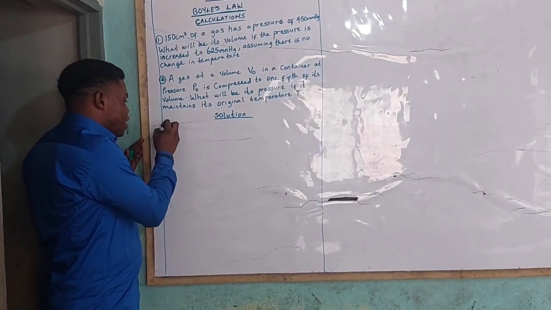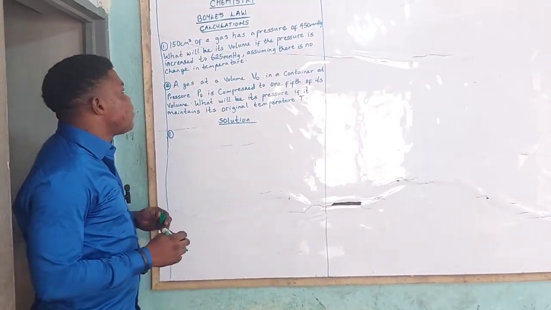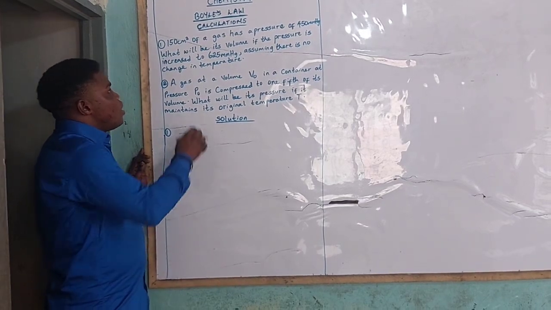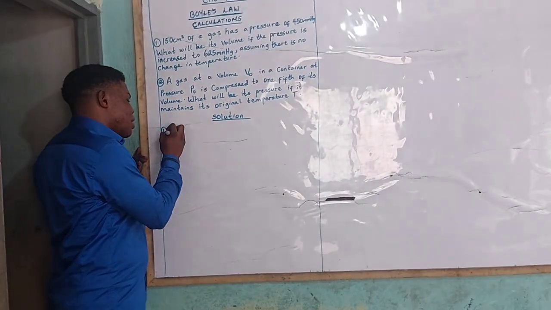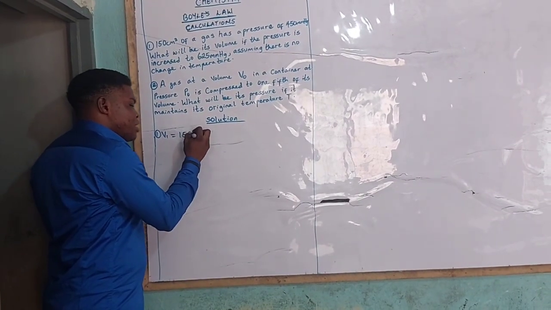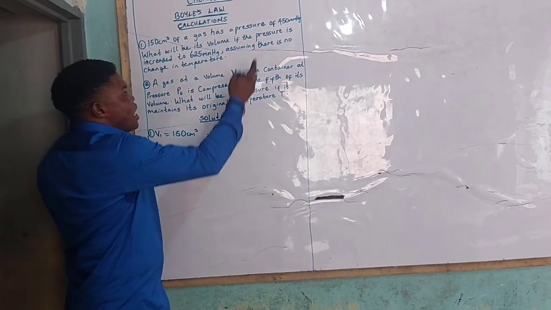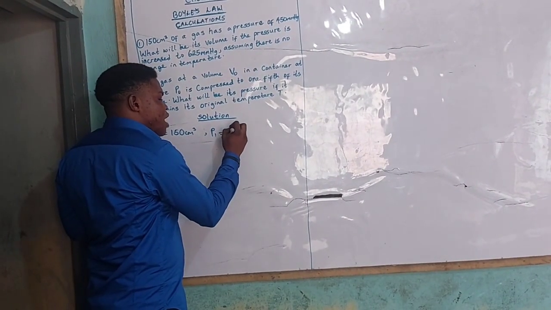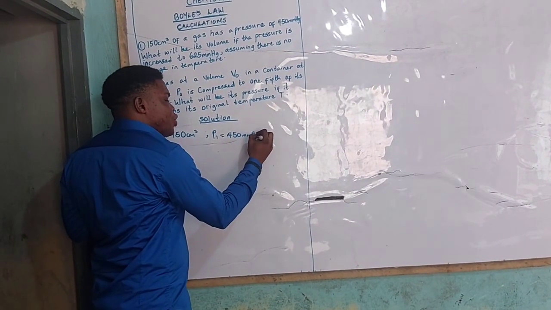Like I always tell my students, bring out your parameters first. Our parameters for this: it is another Boyle's law. The 150 centimeter cube is our V1, the first volume. Our P1 will be the first pressure given to us, 450 millimeters of mercury.